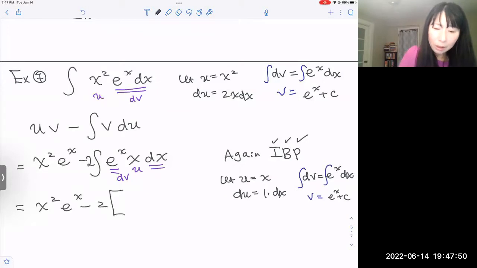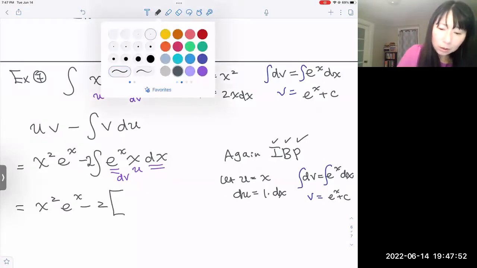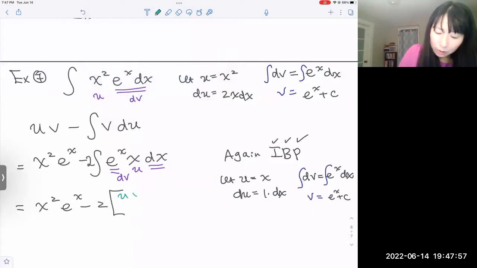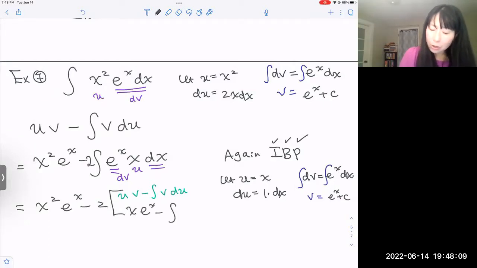Now we do uv minus integral of v du. U, which is x, v, which is e to the x, minus integral of v, which is e to the x, du, which is dx.